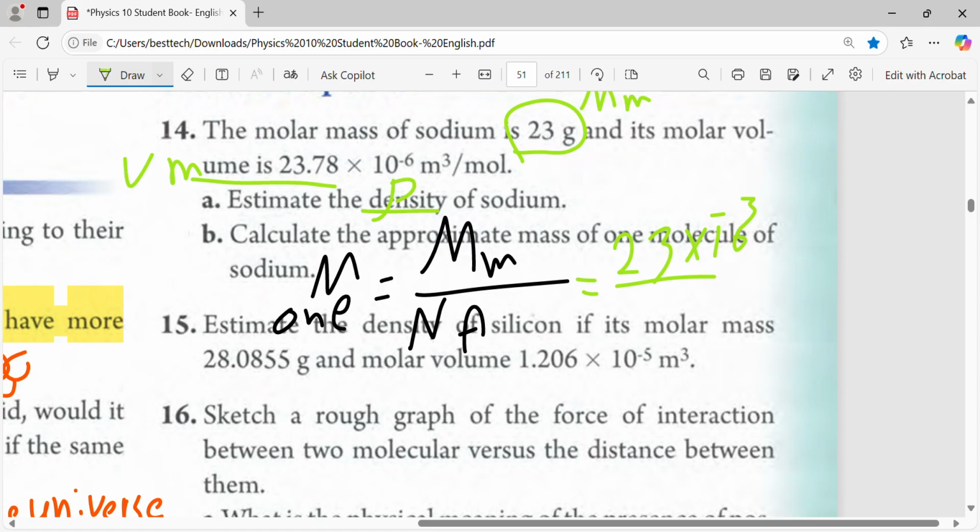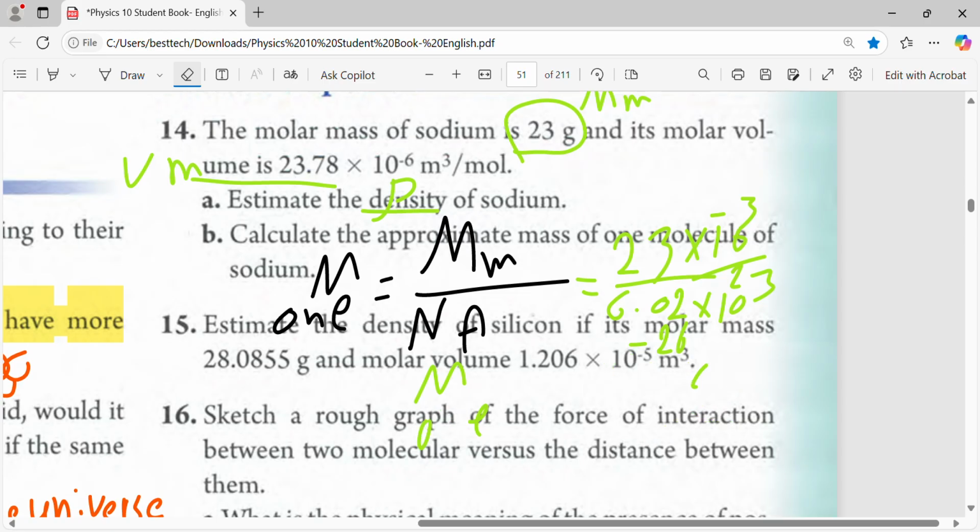You should memorize it, it's 6.02 times 10 power 23. So divide both. The mass for one atom is equal to 3.8 times 10 power negative 26 kilogram. This is the rule, molar mass over Avogadro number. We solved part B. Question 14 is good, important.